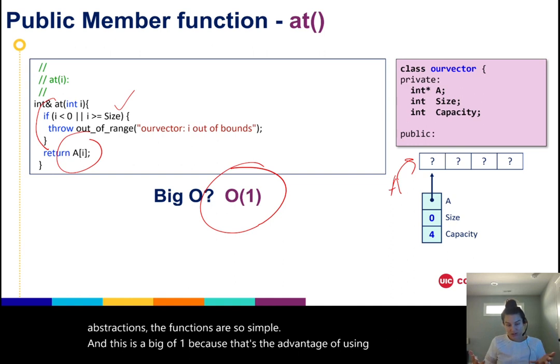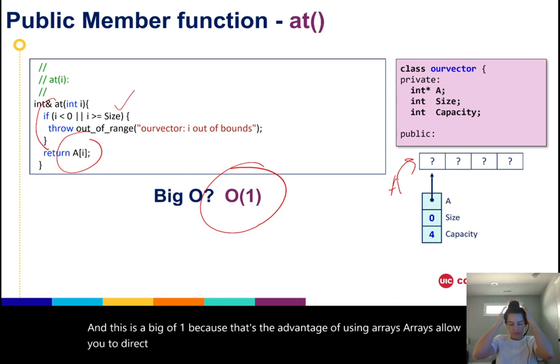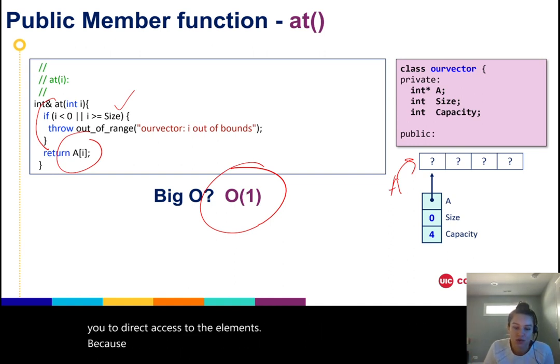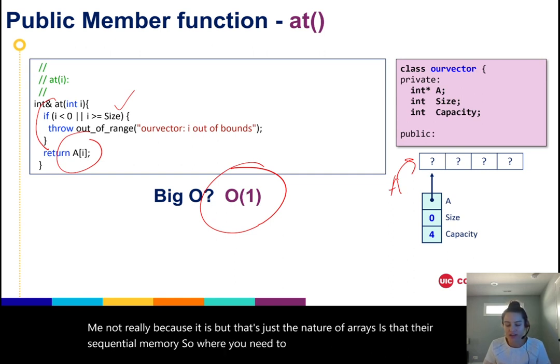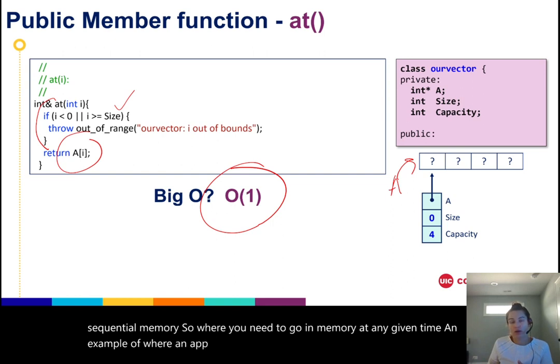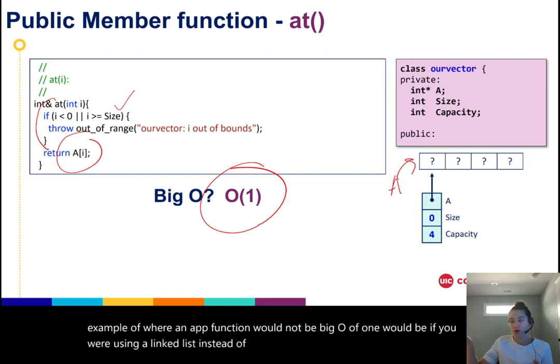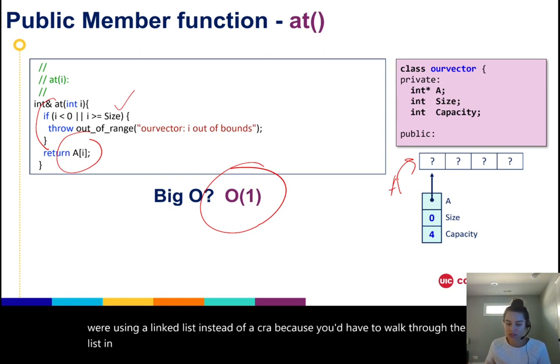Arrays allow you direct access to the elements because of pointer arithmetic. That's just the nature of arrays: they're sequential memory, so you know where you need to go in memory at any given time. An example of where an at function would not be O(1) would be if you were using a linked list instead of a C array, because you'd have to walk through the list in order to find element 5.